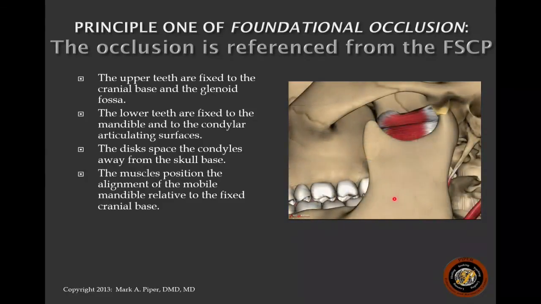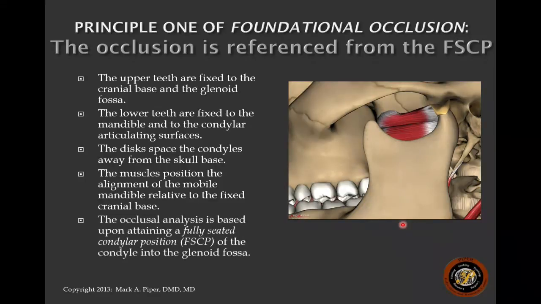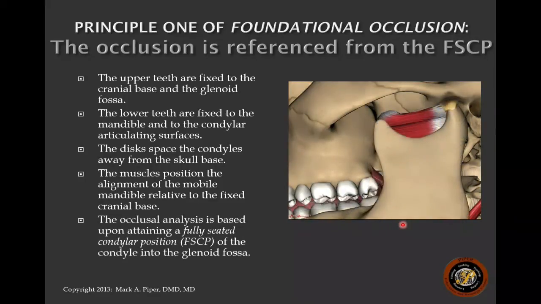Make sense? So you could change the bite with spasm. That'll happen. If the muscle is pulling the condyle forward, that'll change the bite. But also, we overlook the anatomical part of it up in here inside the TM joint. So the analysis of the occlusion is based upon attaining the seated condylar position.